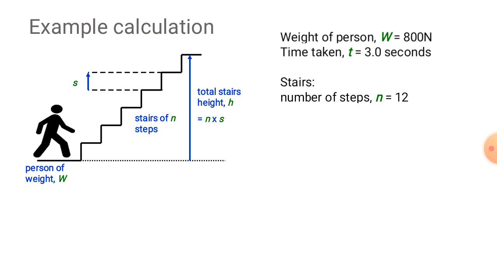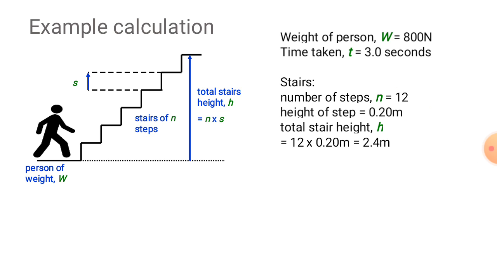How many stairs are there? There are 12 stairs. We will multiply this with the height of the step, which is 0.20 meters. So the total height of the stairs, 12 multiplied by 0.20, gives 2.4 meters.